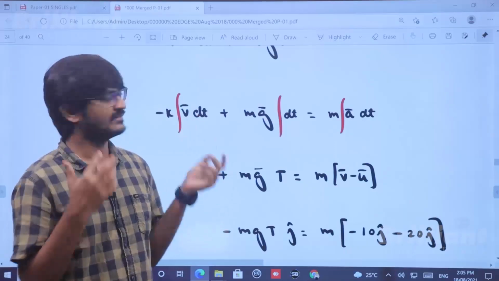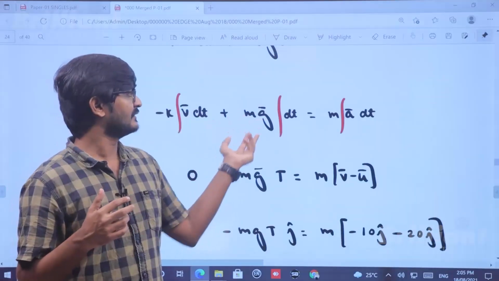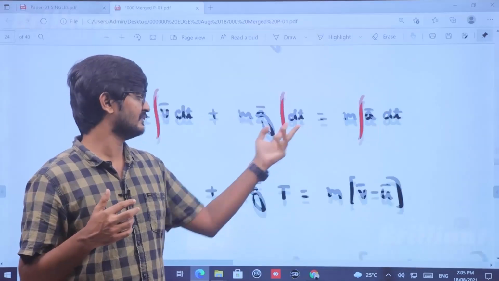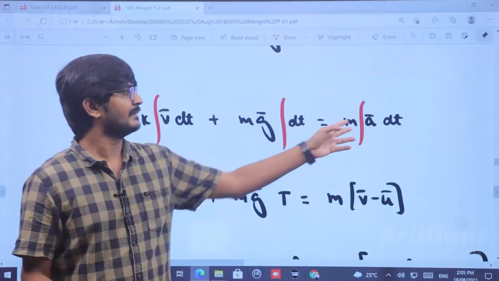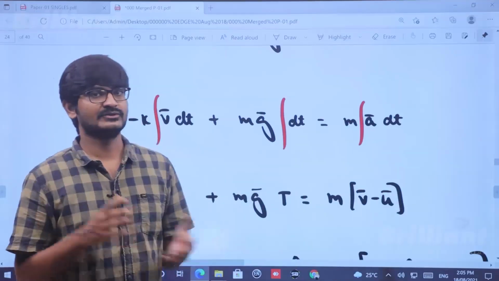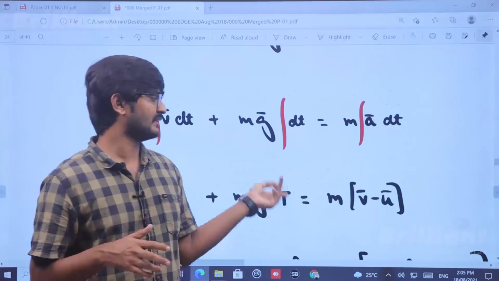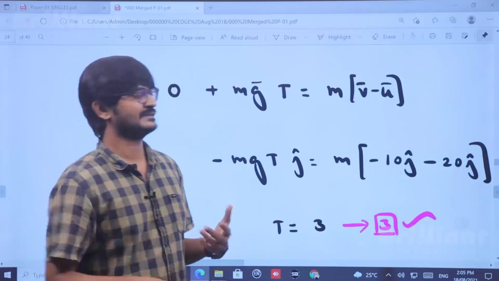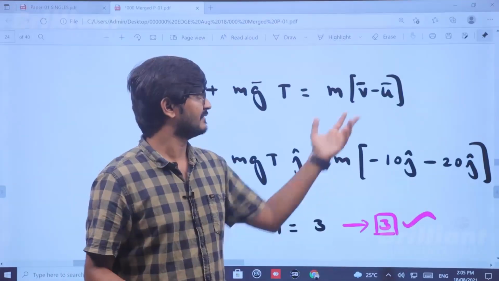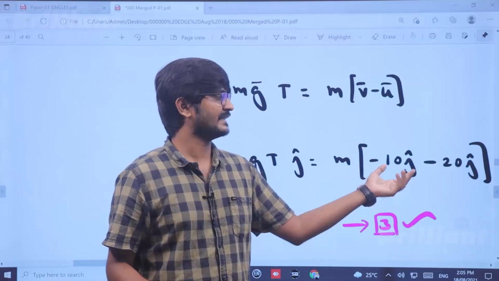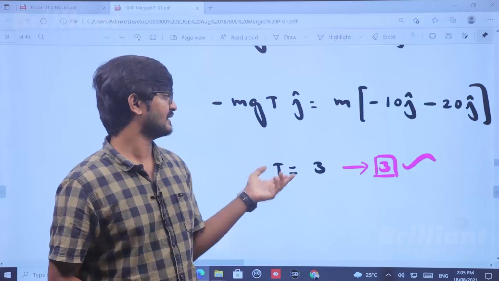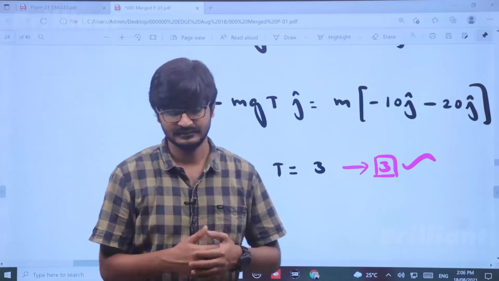Now m g bar is a constant, so it will simply turn out to be integration of dt, which will be total time. Now m a bar dt will give us change in velocity, final minus initial. If I take downward direction as minus j, then final velocity is minus 10 j cap, initial velocity is 20 j cap. So from there you can get t equal to 3 seconds, right?